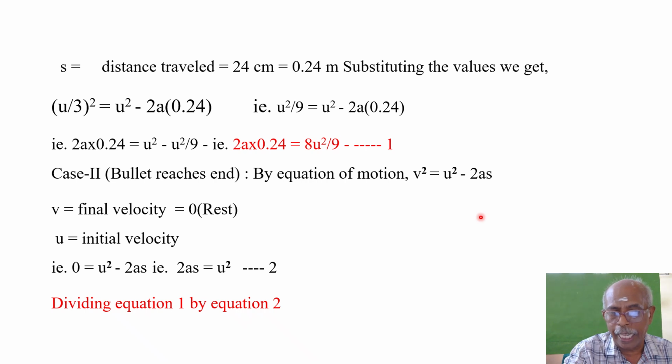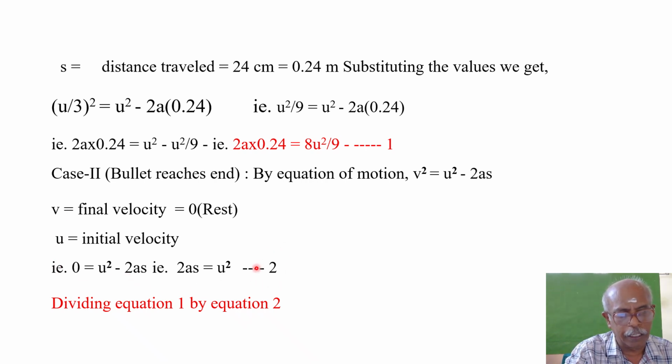That is why acceleration a has the negative sign. So v, the final velocity, is 0, because at the end of the wooden block the bullet becomes rest, and the initial velocity is u. So 0 is equal to u square minus 2as. Putting 2as on the LHS, 2as is equal to u square.